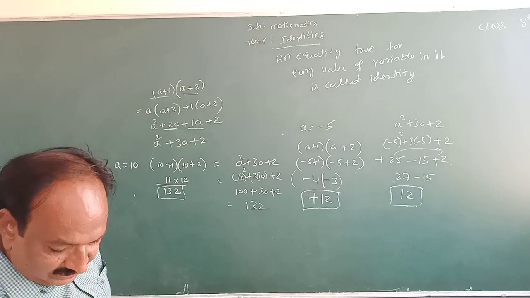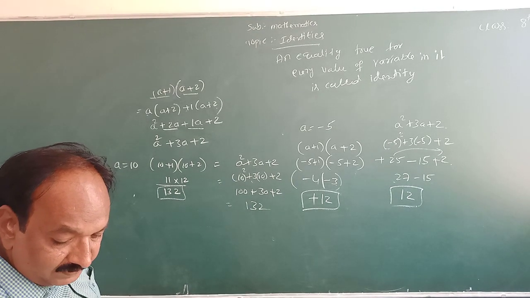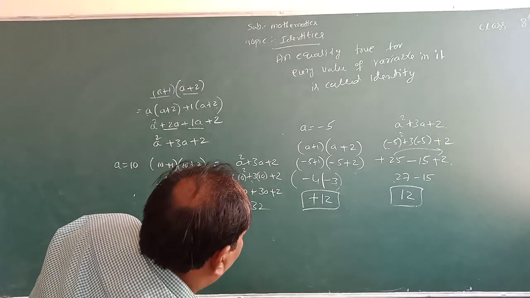What is an identity? An equality true for every value of the variable is called an identity.